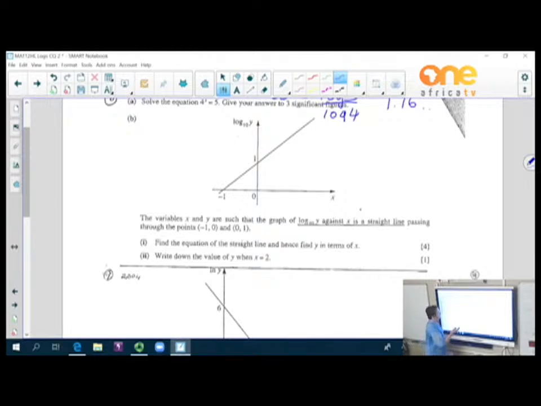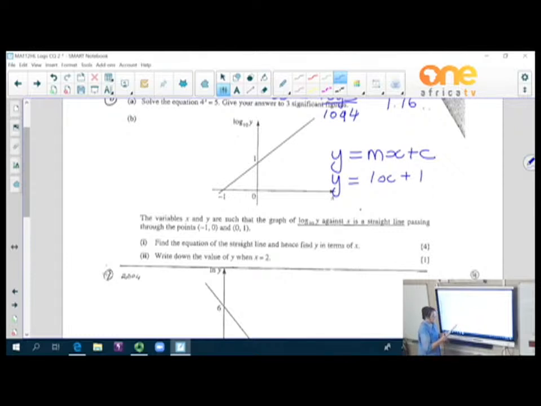So we must remember that we're working here with logs. There's different ways to do this question. You can look here and say, okay, what is then the straight line graph's equation? y is equal to mx plus c. So this is y is equal, my gradient is 1x, and my c is also 1.